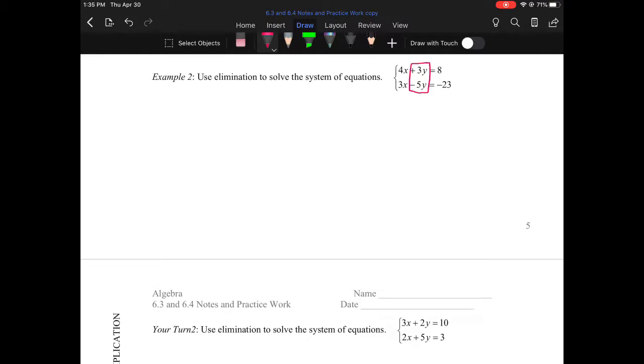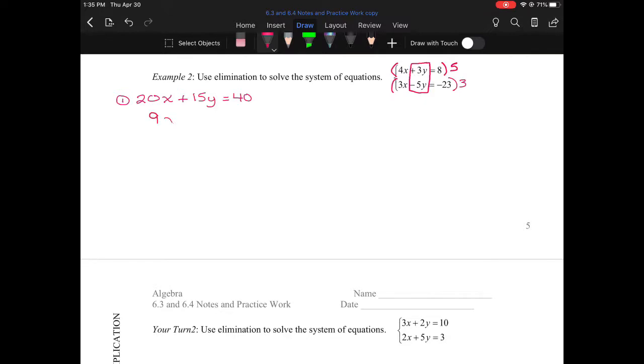So in order to do this, the number that 3 and 5 both have in common is 15. So I need to multiply my top equation by 5, but my bottom equation by 3. So my top equation will be 20x plus 15y equals 40.